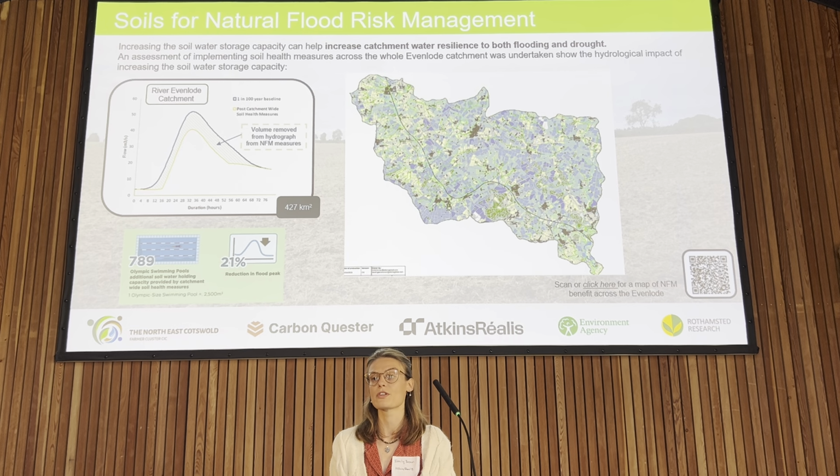So if you ignore for the time being the flow pathways and in-channel measures, what is it just that the soils can store? And summing that all up across the whole catchment, implementing everything everywhere, we're looking at about a 21% decrease in flood peak.